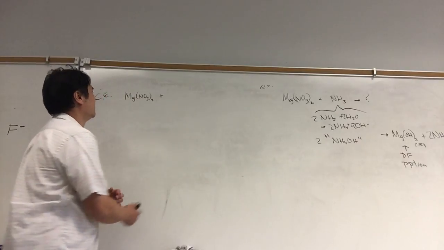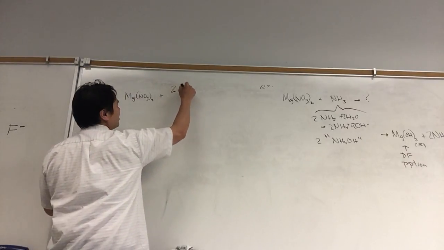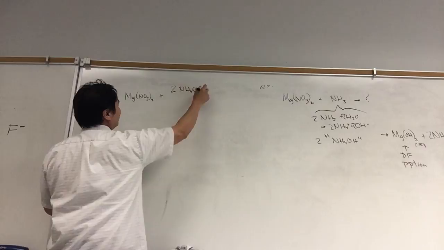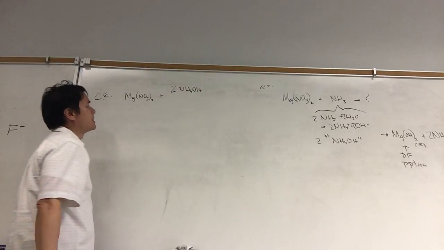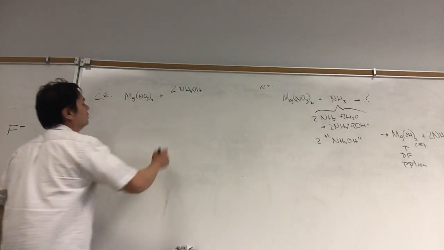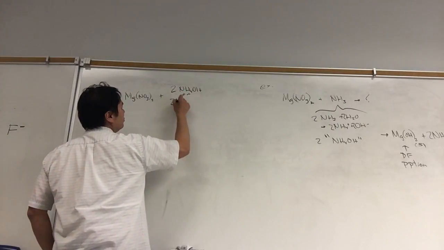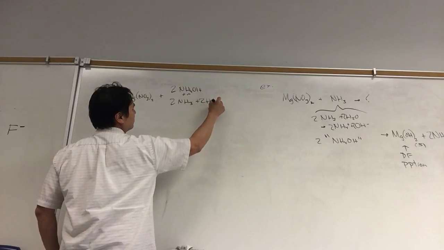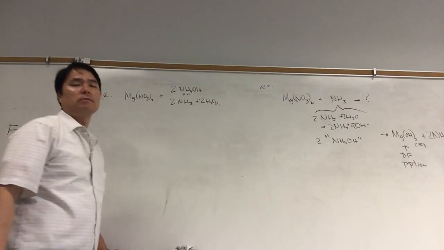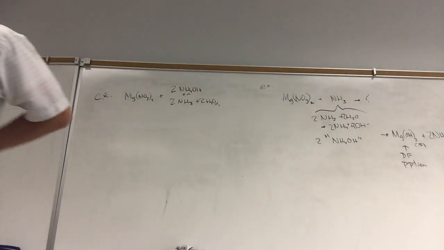So for example, if I write 2 ammonium hydroxides, then that yields magnesium hydroxide and 2 ammonium nitrate. Or should I write 2 ammonias and 2 waters? I should write 2 ammonias and 2 waters.